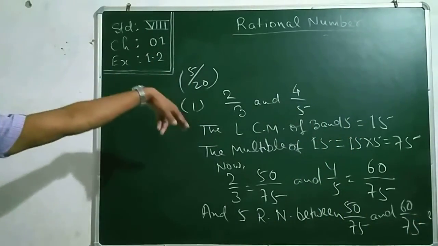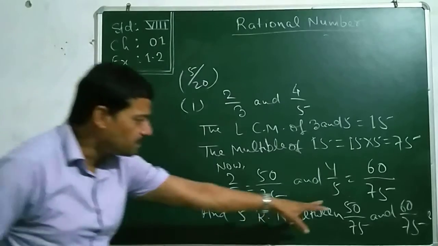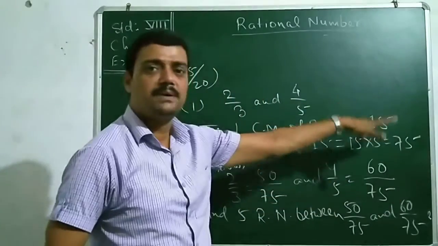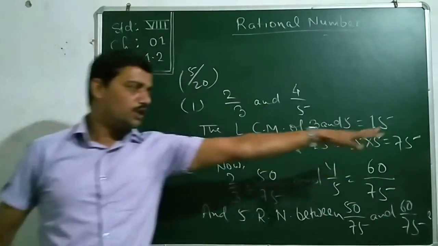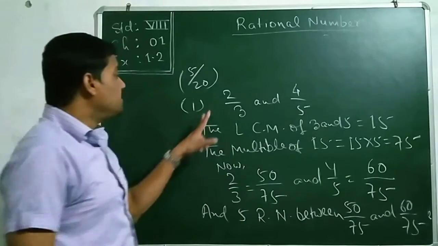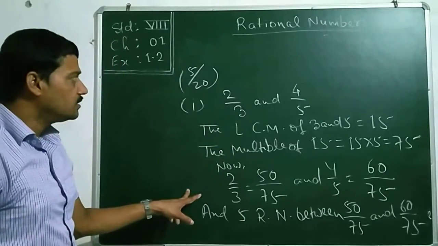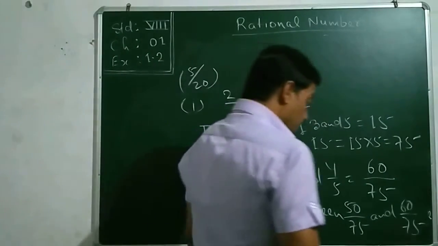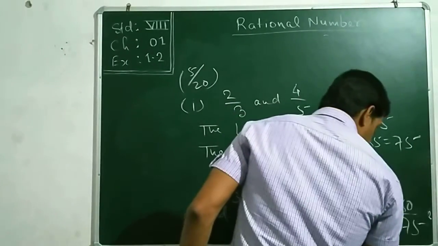You can get these numbers very easily: 51 by 75, 52 by 75, 53 by 75, 54 by 75 and so on. Complete the sum yourself. Very similarly you will complete the third sum and second and third of 5 number also.